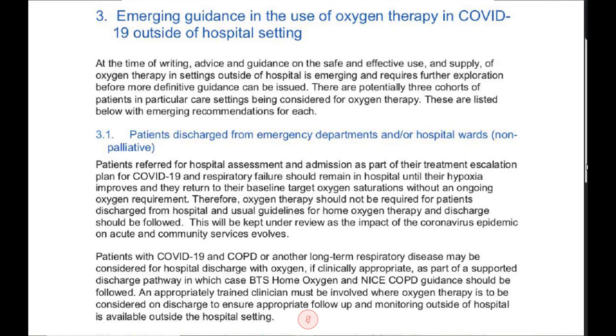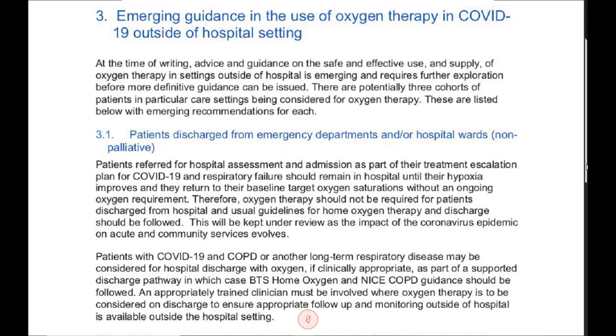These patients would have already been deemed that their ceiling of care is not for ventilation. We should note that possible treatment as well could be non-invasive ventilation. So a lot of these patients can get non-invasive respiratory support in hospitals with a mode called CPAP, which can improve their oxygenation. So that is an option.